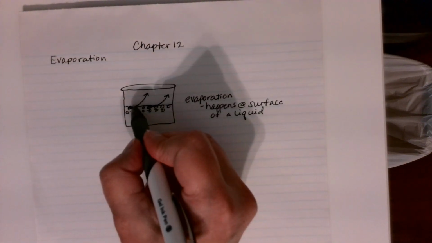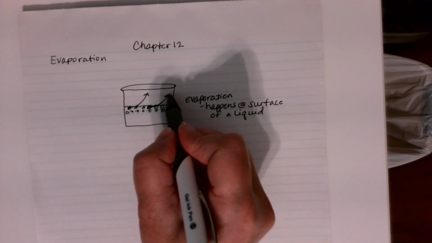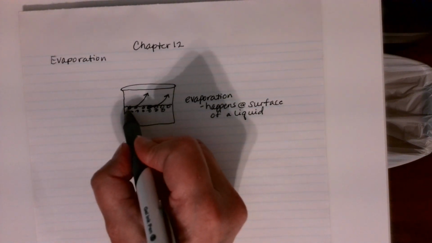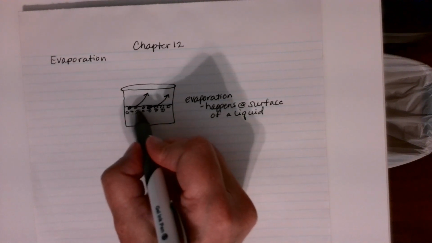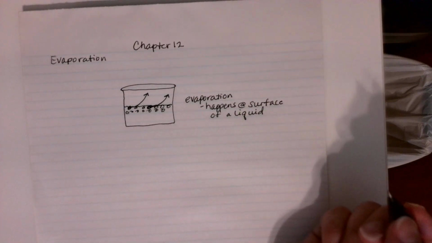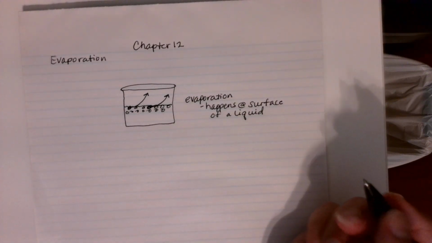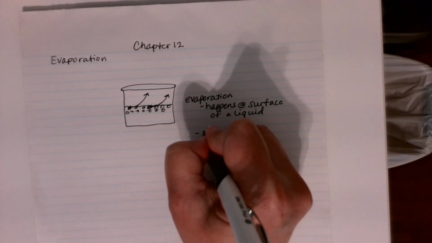Now, because these higher kinetic energy particles are leaving the liquid, that means there's less kinetic energy left in the liquid, and because there's less kinetic energy, those particles move slower and therefore will have a lower temperature. So evaporation results in cooling.